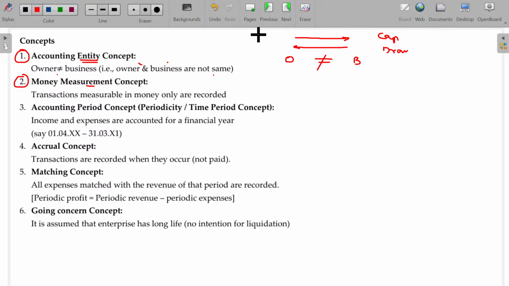Money measurement concept. Okay. Second part. In case of money measurement concept, A transfers, say, 1 crore to B and B transfers house property to A, worth 1 crore. Is that okay? Now, what is the journal entry for this? In the books of A, house property account debit to cash or bank. You can pass the entry for this.